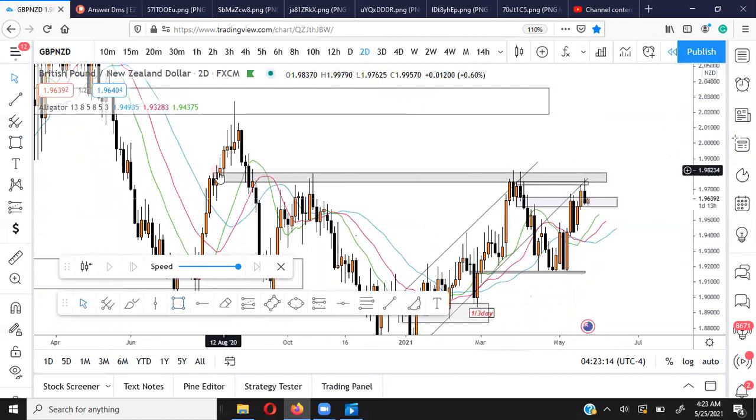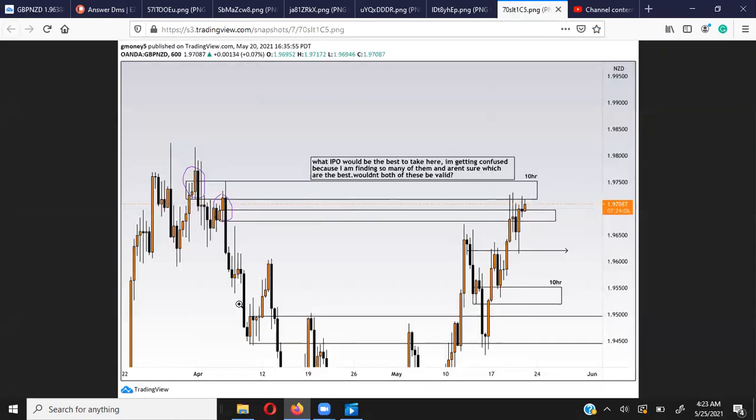But again, major zone, it's right there. So you can't have any doubts when it comes to that, okay? But all the other zones are correct. You got the 10 hour, which is the break and retest. This one is the 4 hours, the break and retest. And the question I just answered is usually the 10 hours for that zone, okay?